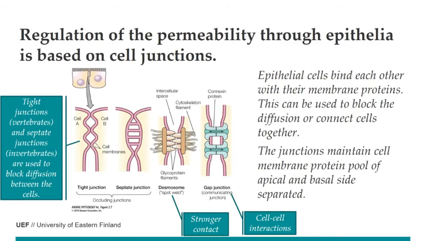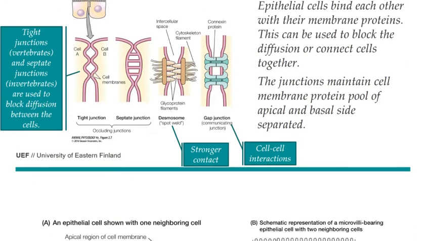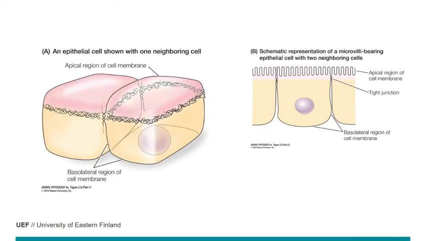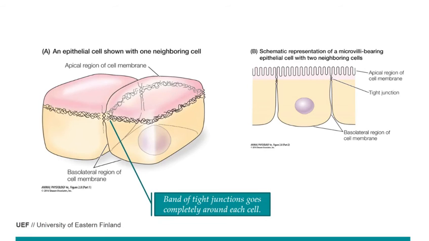And these junctions are important to keep the membrane protein pools on the apical and basal sides separated. So quite often in epithelia the apical region of the cell membrane and the basolateral region are separated by a band of tight junctions.